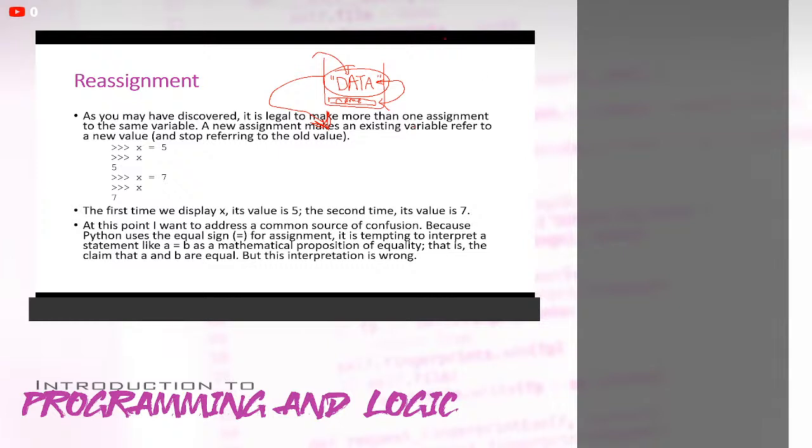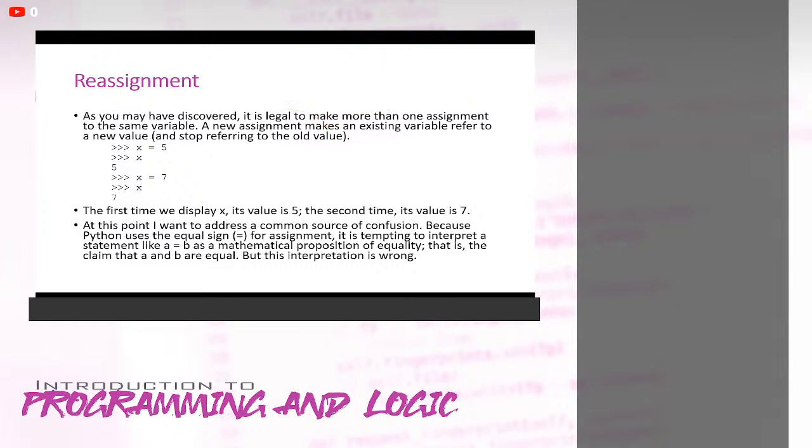The other thing that's pretty critical about being able to use a variable is that not only can we put data into a variable, but we can also take the data out of the variable. In taking it out, we can replace it with something new.